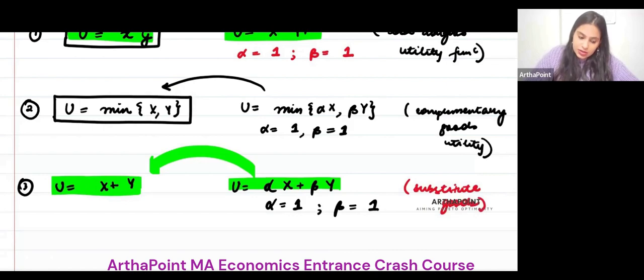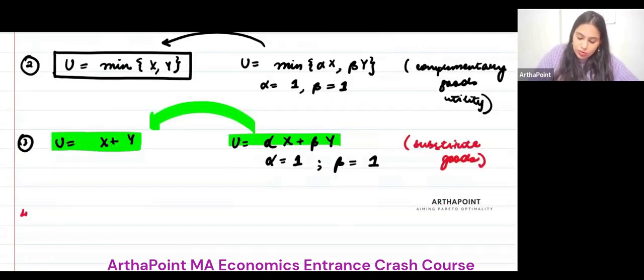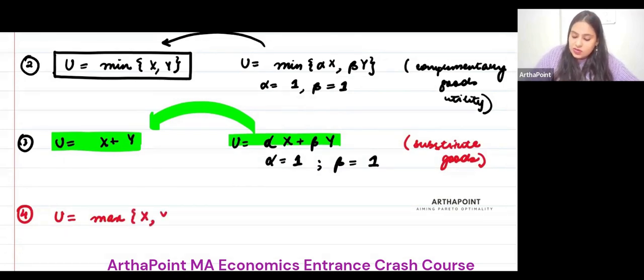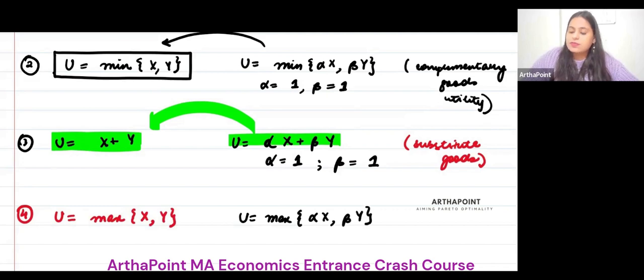Then the fourth one that we want to deal with is the max utility function. So max is represented by max of x, y. The general form is max of alpha x comma beta y.